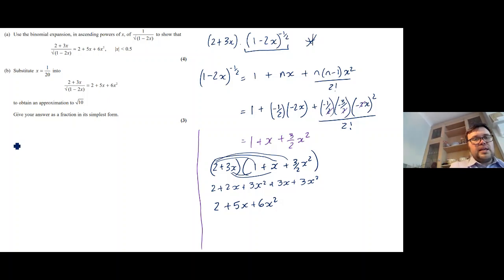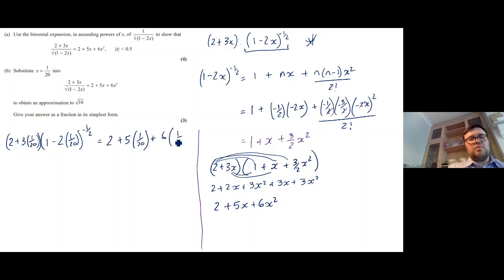So we're going to write it as 2 plus 3 times 1/20th, and then it is 1 minus 2 times 1/20th, to the power of minus half. That is equal to 2 plus 5 times 1/20th plus 6 times 1/20th all squared.